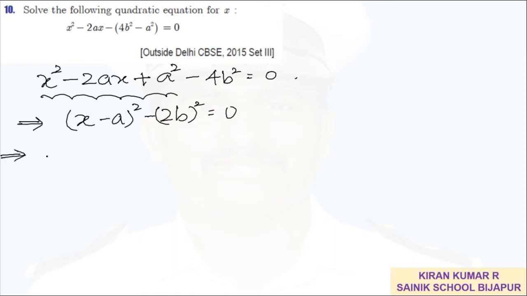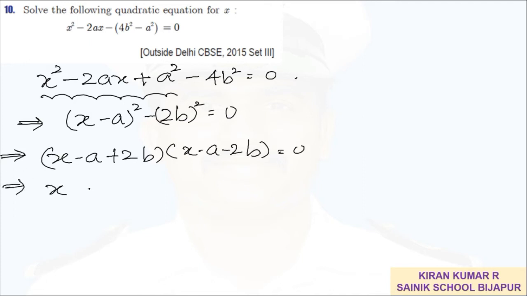Now make use of the a square minus b square identity. So x minus a positive 2b multiplied by x minus a negative 2b equal to 0. Therefore, the value of x will be a minus 2b, or it is a plus 2b. These are the values.